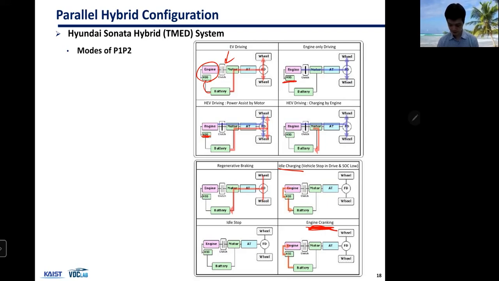So anyway, this started from parallel hybrid, but it's actually closer to, technically, a series parallel hybrid, because you do have this second small motor connected to the engine, which often works as a generator.